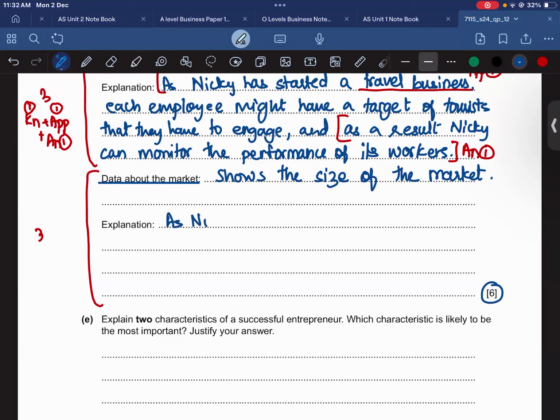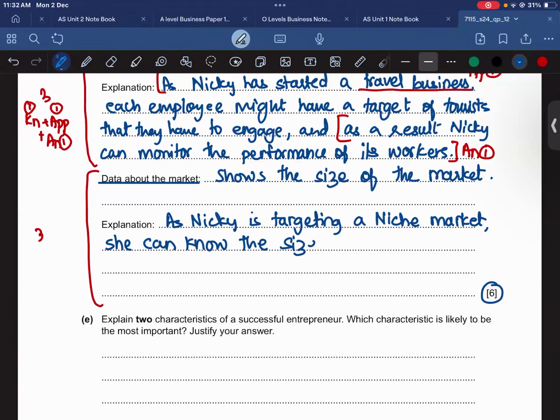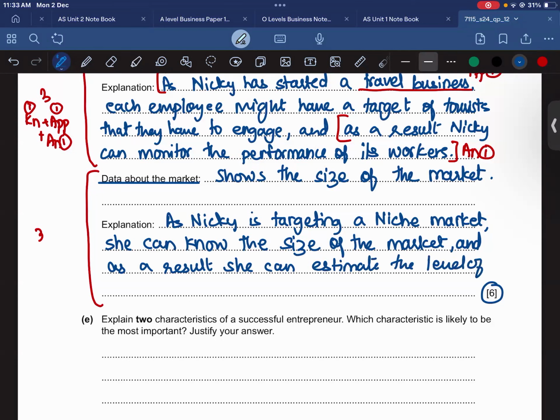So you can write as Nikki is targeting a niche market, she can know the size of the market, and as a result, she can estimate the level of demand and revenue for her business.